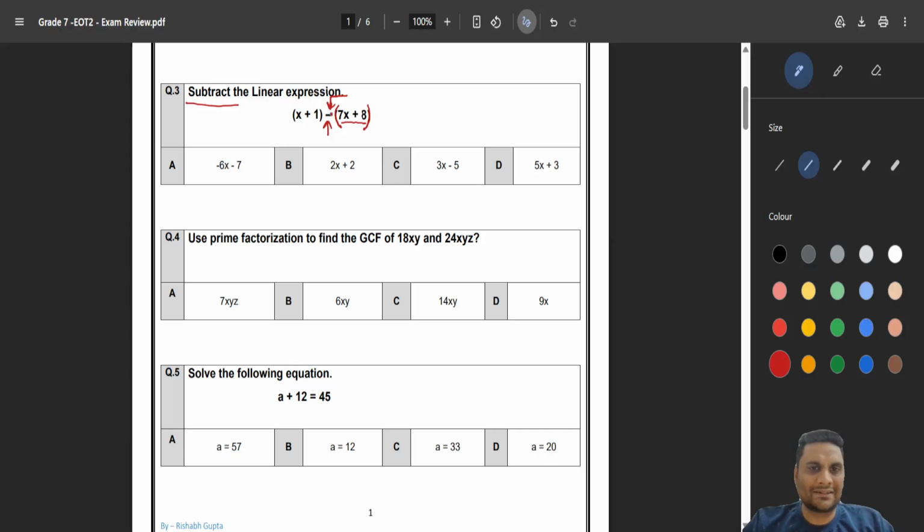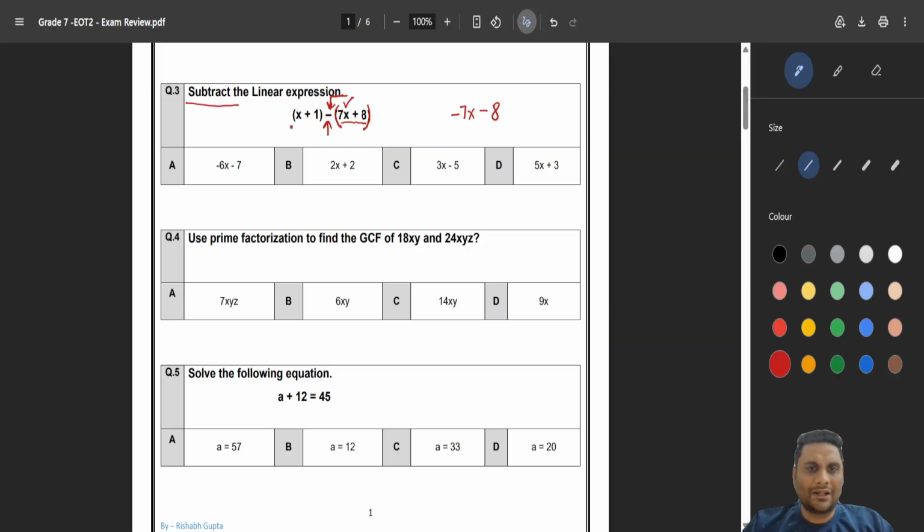So this minus, what will it do? If you see minus outside, change the sign of the numbers inside. Here I have plus 7x, right? So this will become minus 7x. Here I have plus 8, so this will become minus 8.